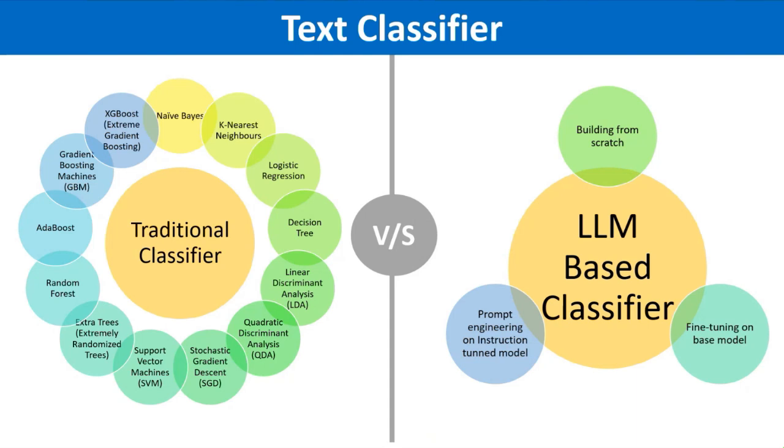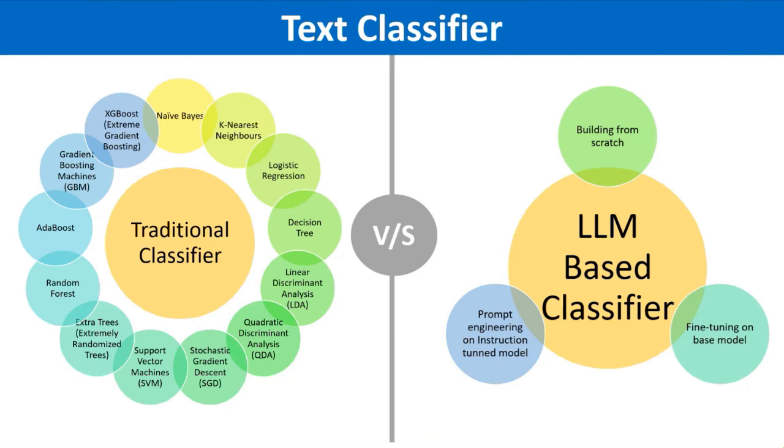And on the right-hand side, we have LLM-based classifiers. These leverage large language models, which are pre-trained on vast amounts of text data and can understand complex linguistic patterns. With LLMs, we have the option to build from scratch by training the model on large data sets, which is resource intensive, of course, and then use prompt engineering on an instruction-tuned model where we carefully craft prompts and guide the model to classify text correctly without extensive training data.